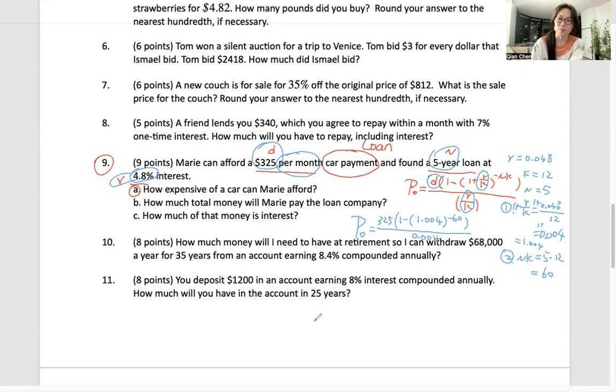All right, so now P naught equals 325 multiplied by 1 minus, so what do we need to do? We need to hit into the calculator 1.004 raised by negative 60.